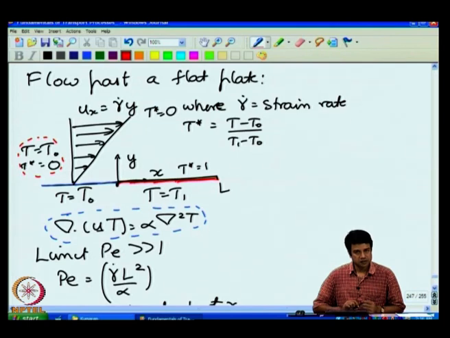So, what is the resolution of this problem? As I told you, when we scaled the x and y coordinates by L, we assumed that capital L was the length scale for the variation of the temperature field. However, we are looking at a situation where there is rapid convection along the flow direction, and the diffusive effect is small.